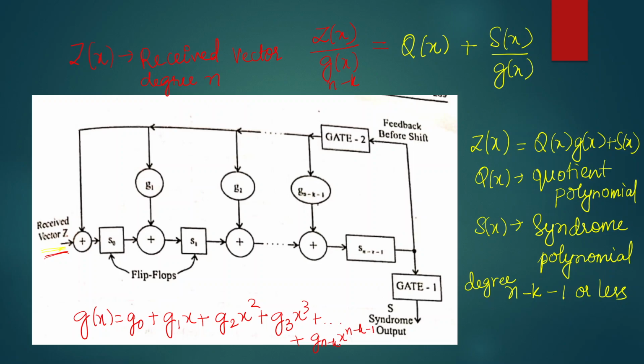So usually we consider it like this since we have started with 1. The generator has a degree n minus k. This is how we write the generator polynomial.